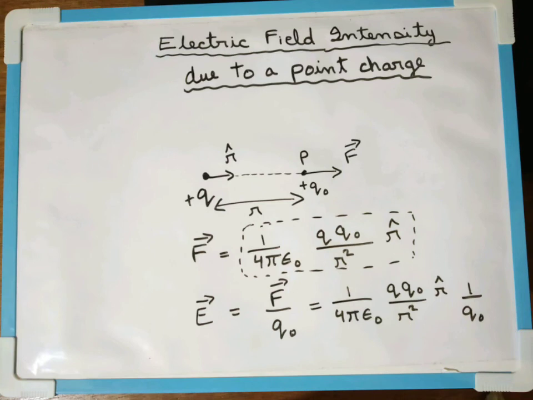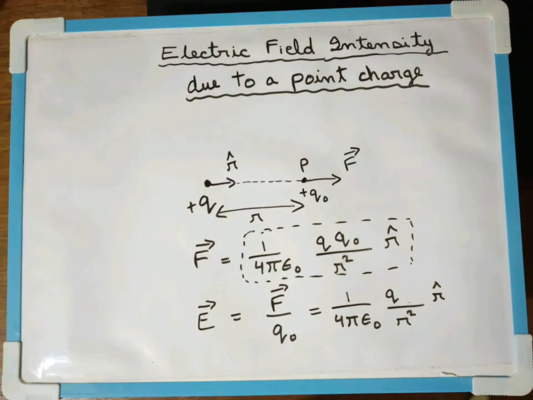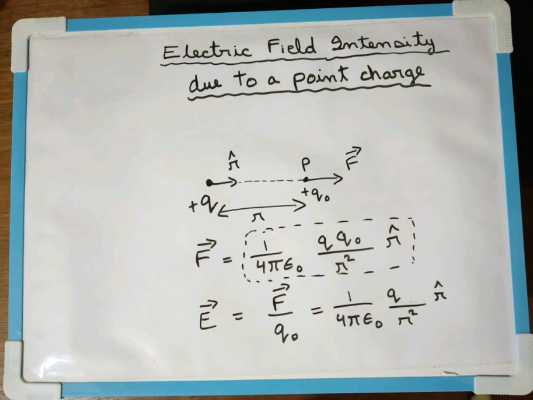Now q naught and q naught get cancelled, so we are left with 1 by 4 pi epsilon naught, q by r square, r cap. This is the expression for the electric field intensity due to a point charge.